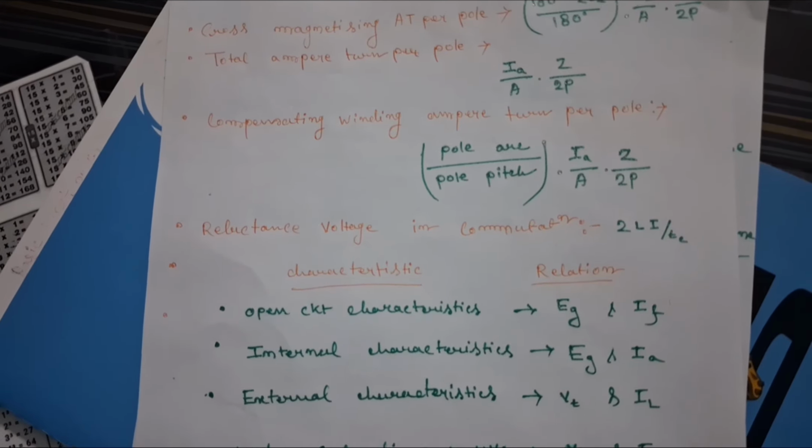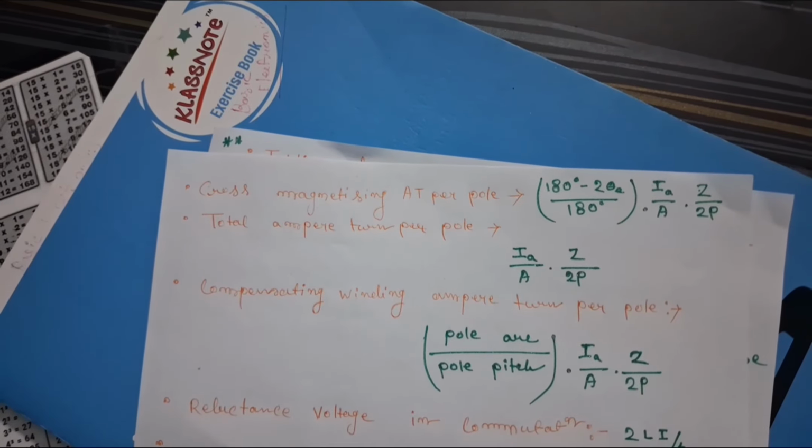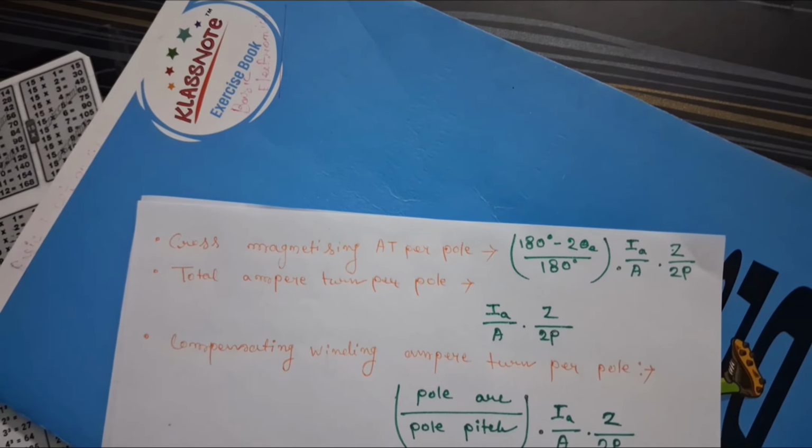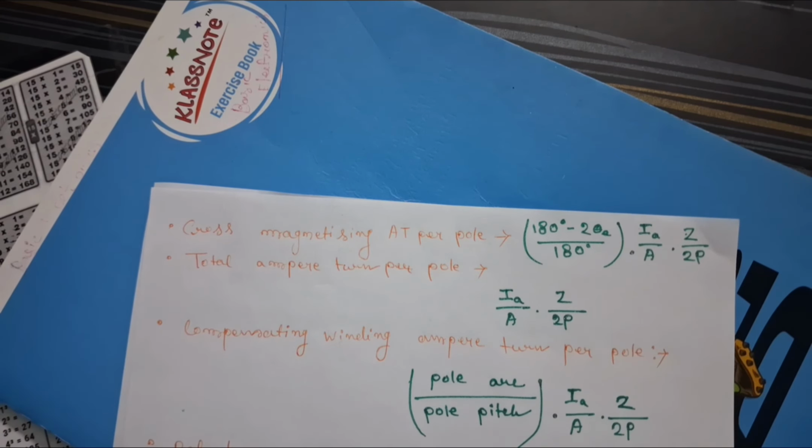On the next page, you have to remember the formula of cross-magnetizing ampere turn per pole. The cross-magnetizing ampere turn per pole is equal to (180 degree minus 2 theta E) divided by 180 degree into Ia by A into Z by 2P. Next is total ampere turn per pole.